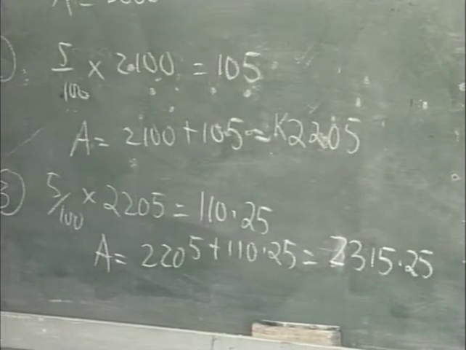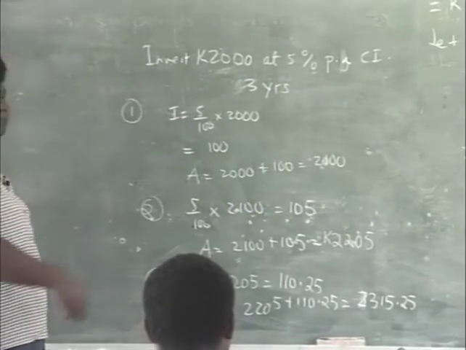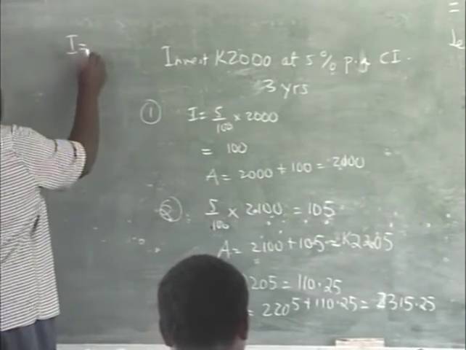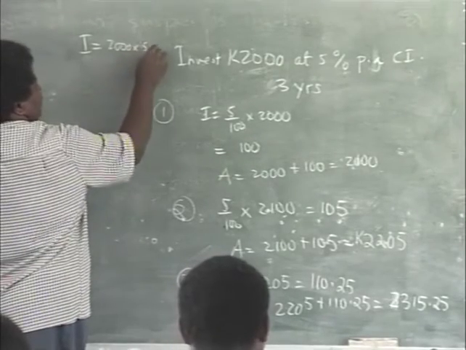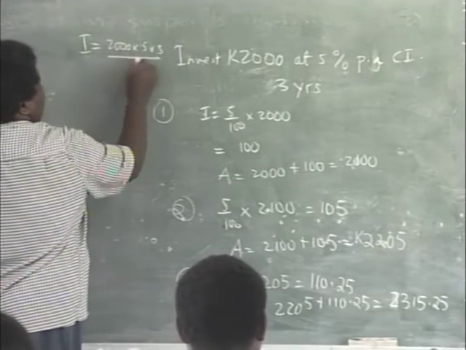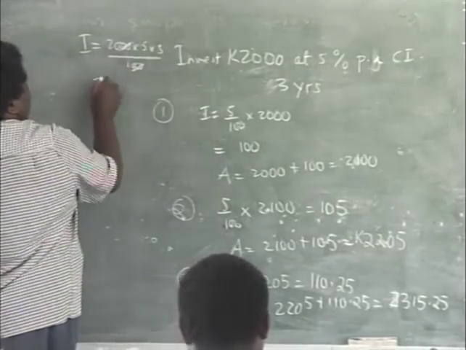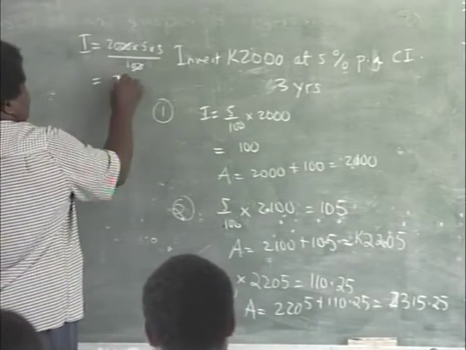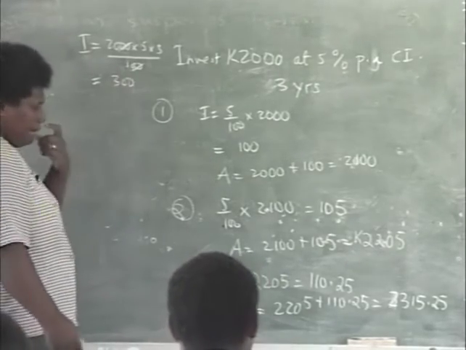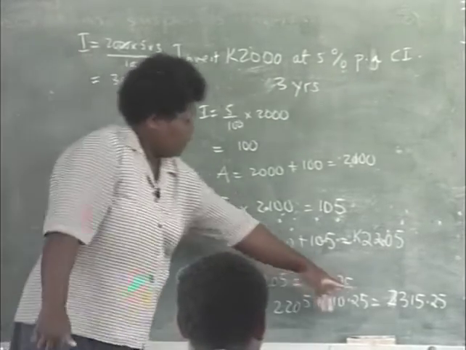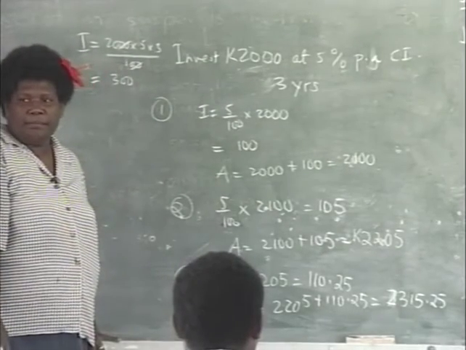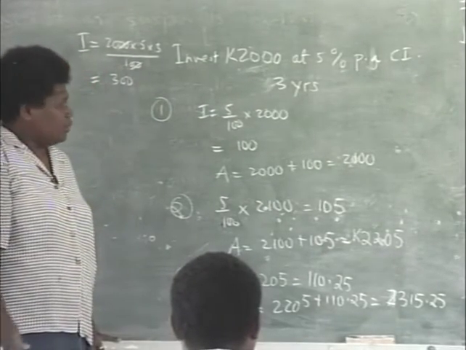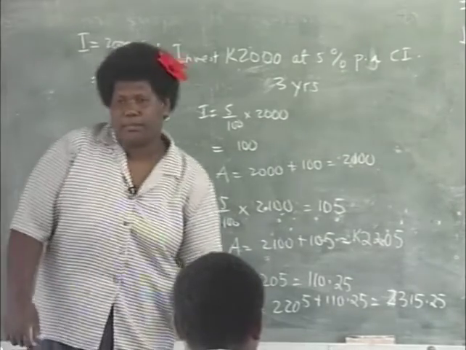Whereas if you invested the same amount of money at simple interest, your interest will only be 2,000 times 5 times 3 over 100. You will get 100 times 3, 300 kina. But for here, the interest will be 315 kina, 25 toya. So it's 15 kina more.